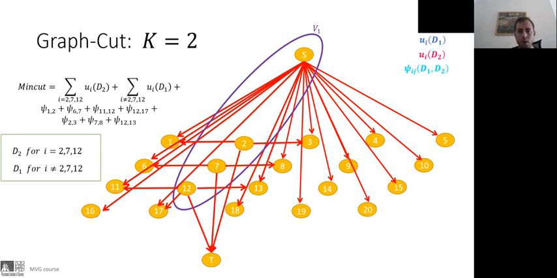Here you have only 2 possibilities, so you can either have the same value or have a different disparity value. But in general, you can choose a different metric.